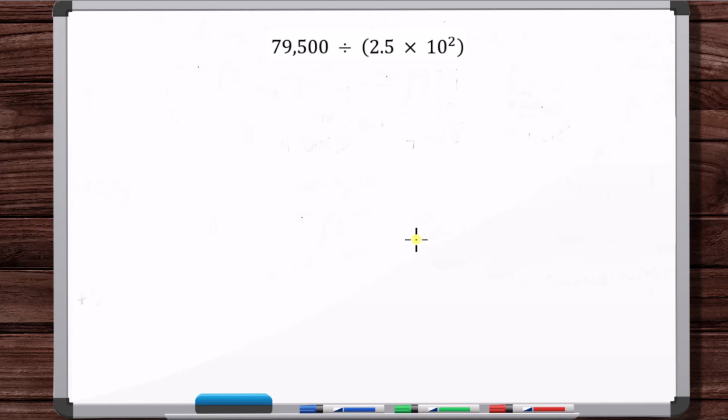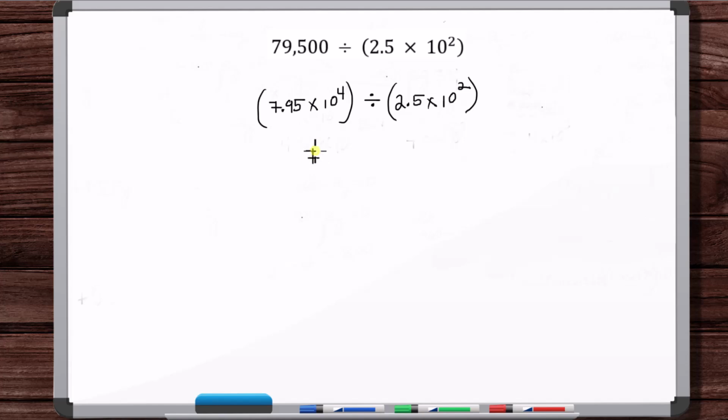All we do here, well, let's first write this in scientific notation. So 7.95 times 10 to the fourth, divided by, okay, you can look at it this way.